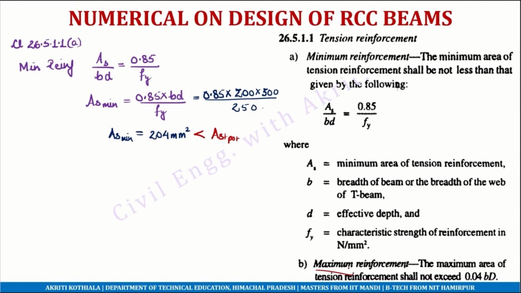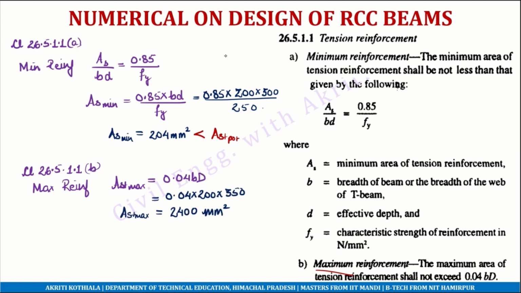Now calculating for maximum reinforcement, 0.04 B capital D, the overall depth. Substituting the values, we get 2400 mm square, which is greater than the AST provided. So the AST which we have provided falls within the minimum and maximum value.